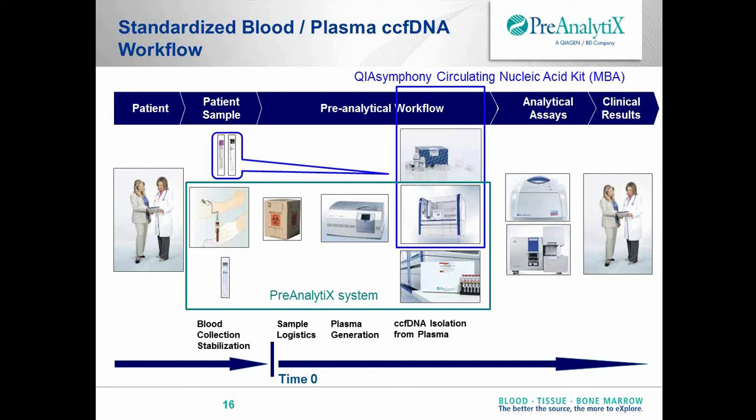You have a workflow for transportation up to 7 days at room temperature, a protocol for plasma separation here, and then finally a dedicated kit and a dedicated protocol for the QIAsymphony to isolate the ccfDNA out of it. So a complete system from one supplier and with a dedicated workflow for everything. So compared to the generic system from QIAGEN that works with all kinds of plasma that you isolate.